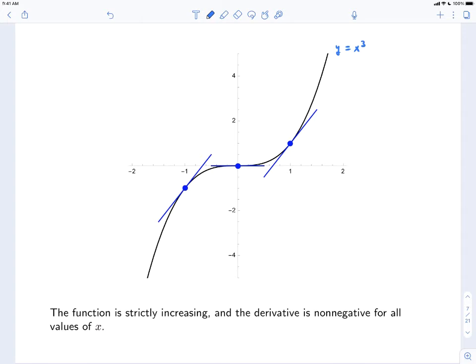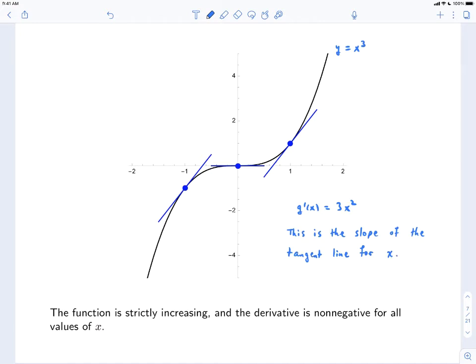We computed the derivative of g of x equals x cubed, and what we found was that g prime was equal to 3x squared. This is the slope of the tangent line at a specified x. So this is the slope of the tangent line for a given x value.